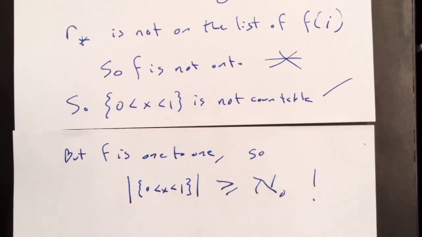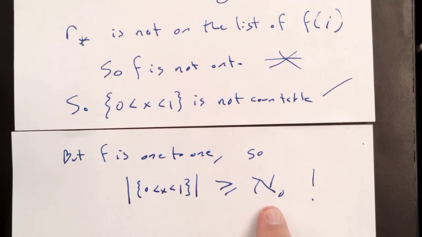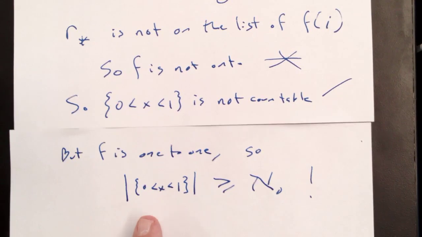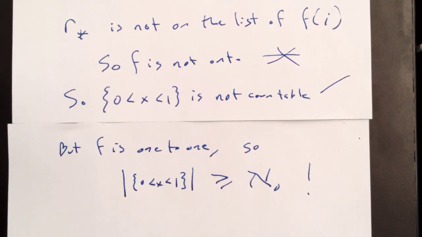And this is why I couldn't just say infinity set, because this infinity is smaller than this infinity. Uncountably infinite sets are bigger than countably infinite sets. I need a name for this size.